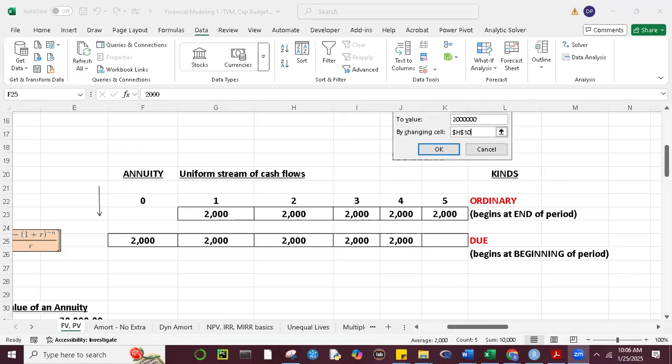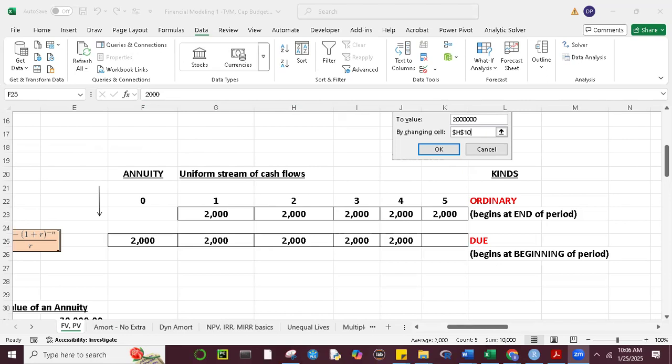Which type of annuity will give you a higher present value? Ordinary. Okay, thank you, Nix. Jashan, thank you. Please send your answer to me, please.